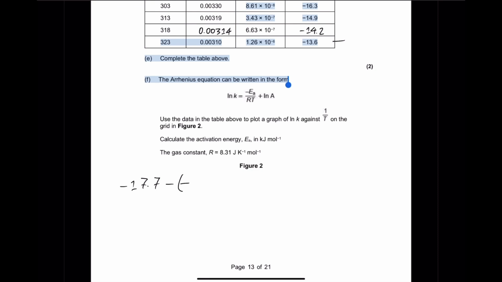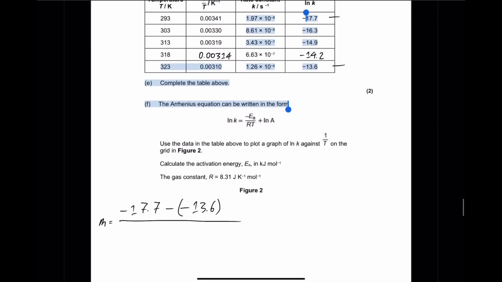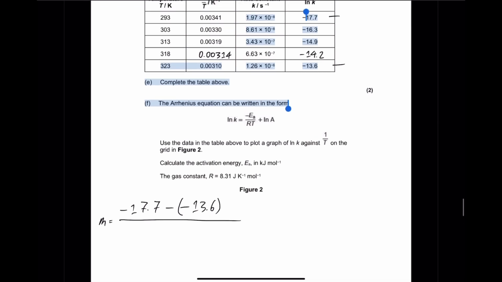Minus 13.6 over 3.41 times 10 to the power of minus 3, minus 3.10, sorry, times 10 to the power of minus 3.